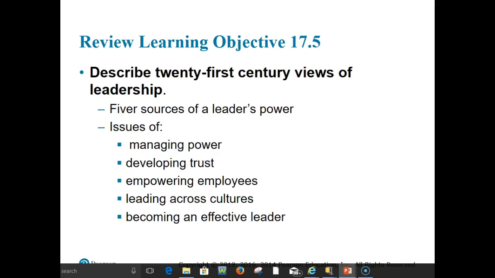In review of our 5th and final learning objective, the 5 sources of a leader's power are legitimate, which comes from authority of position; coercive, which comes from the ability to punish or control; reward, which comes from giving positive rewards; expert, which comes from special expertise, skills, or knowledge; and referent, which comes from desirable resources or traits. And today's leaders face the issues of managing power, developing trust, empowering employees, leading across cultures, and becoming an effective leader.